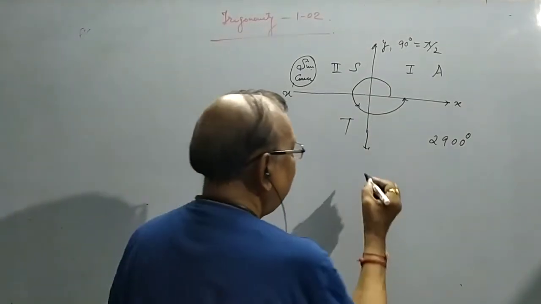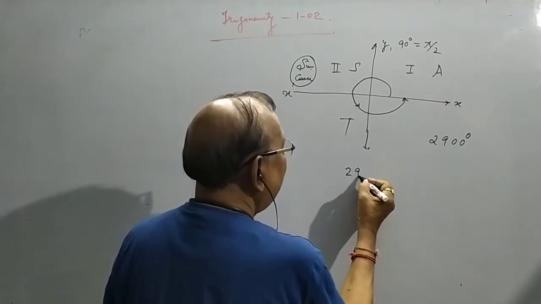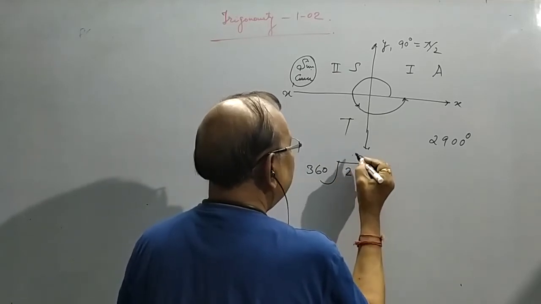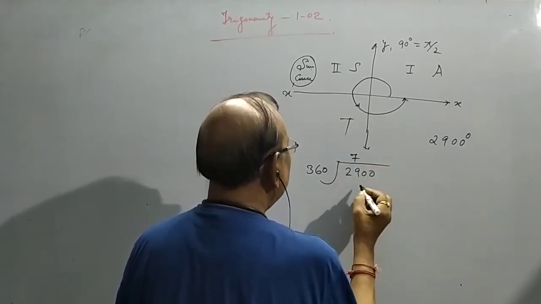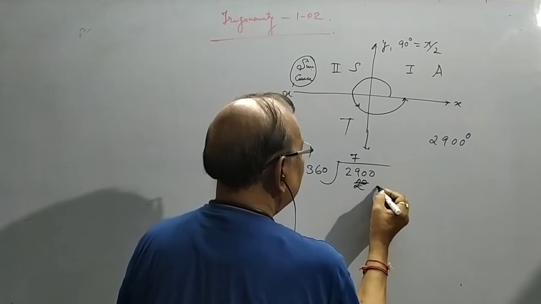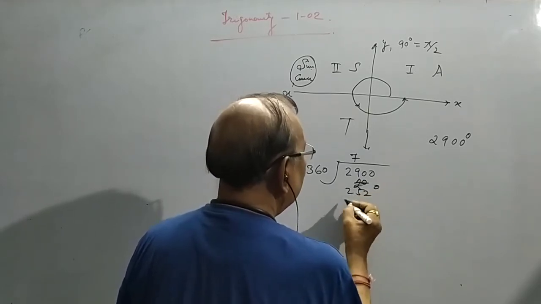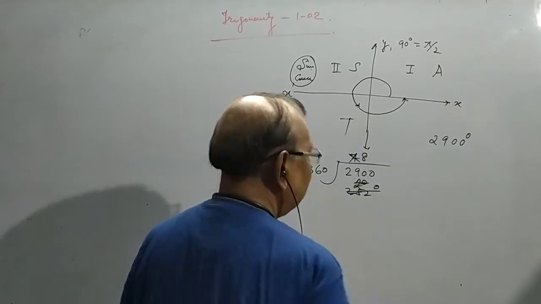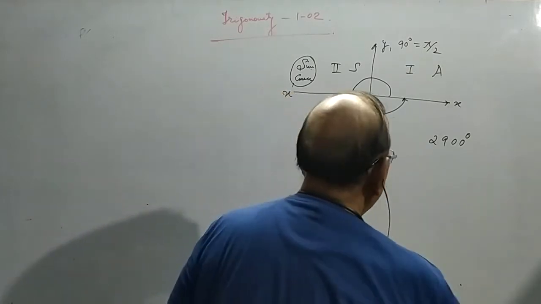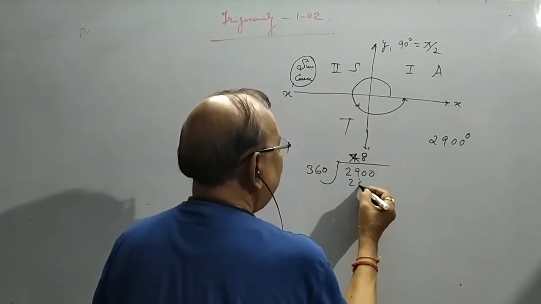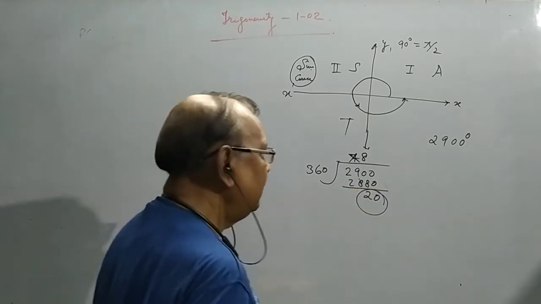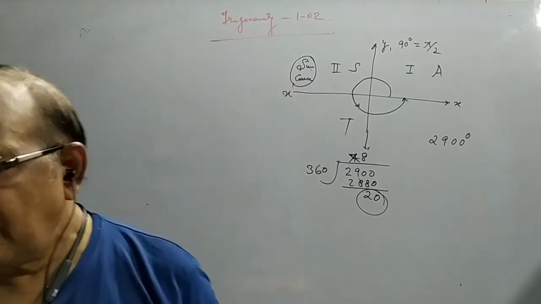So first of all, 2900 is divided by 360 and get, I think, 7 times, 8 times. That will go 8 times. 8 times 360 is 2880. That is 20. Remainder is 20. So you have to observe only remainder after division.